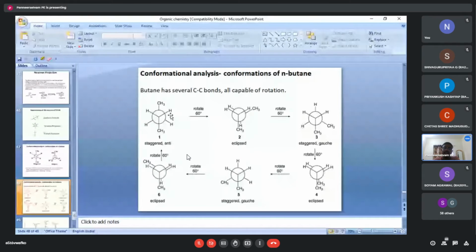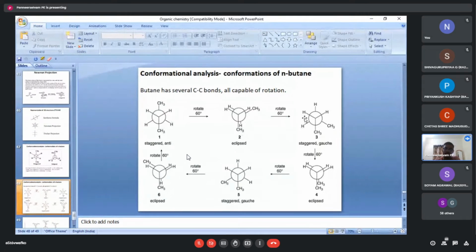Now the eclipsed configuration: after rotation, only the second carbon rotates, the front carbon is fixed, and the rotation is clockwise. You see the methyl-hydrogen interaction is more. The electrostatic force of attraction between the hydrogen and methyl is stronger than in structure 1.